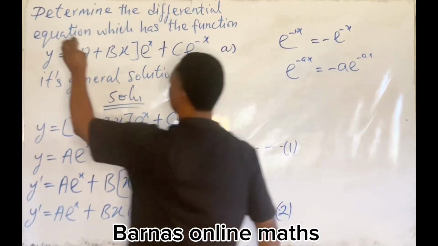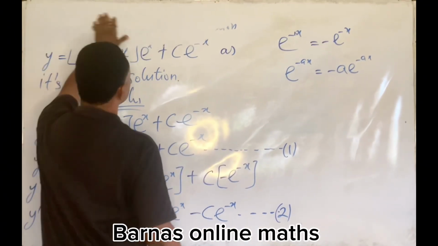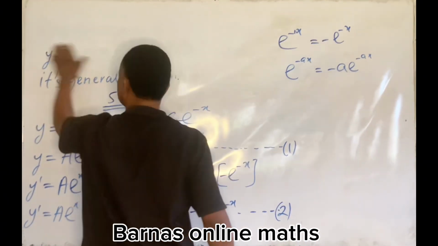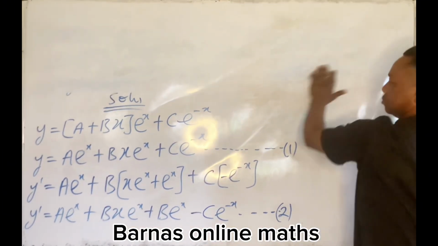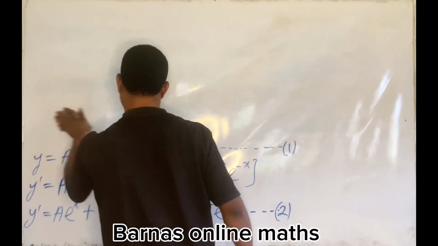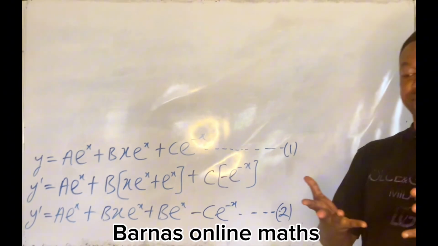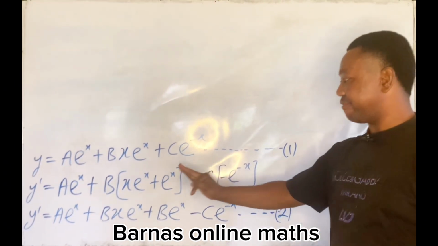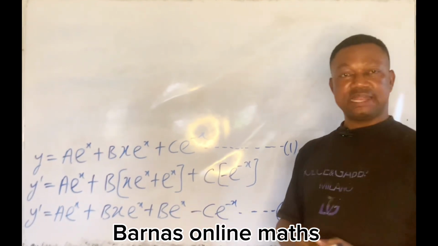Okay, let's clean the board. Next, remember we have up to 3 constants. We're going to differentiate 3 times. We found the first derivative. Next is to find the second derivative.